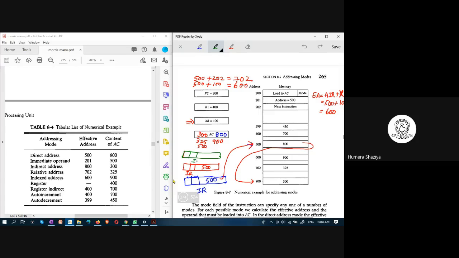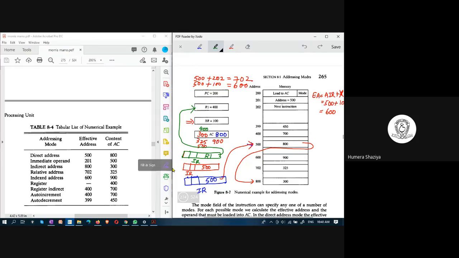It has R1 in place of the address. In register mode, you go to R1 and you obtain the operand. What is R1? R1 is 400. So 400 is the operand you store in the accumulator. This is register mode.